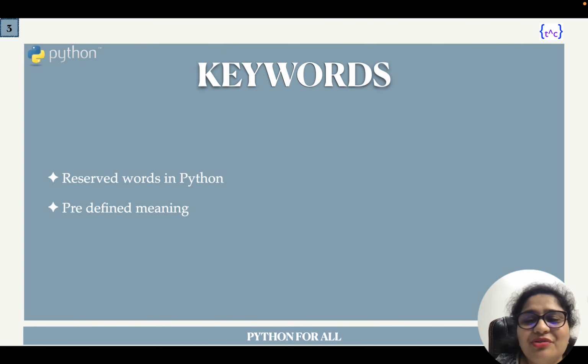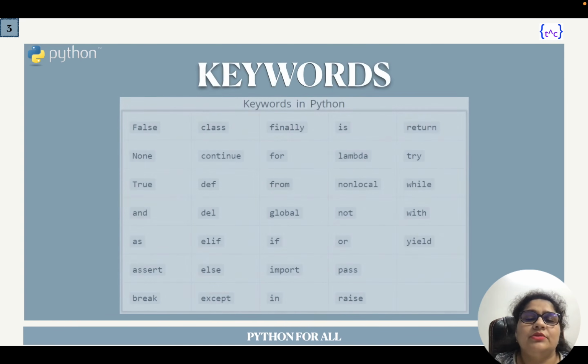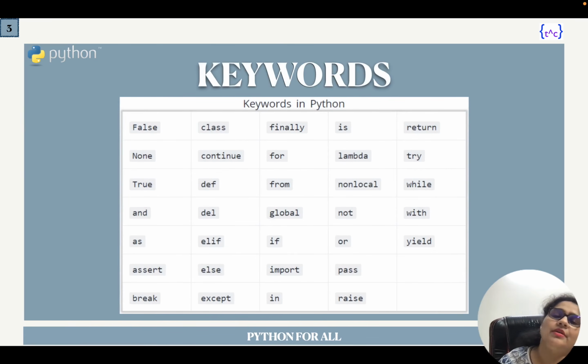So I'll now show you the list of keywords. Here is a list of keywords which are defined and reserved for Python. There are many. You need not just pick up a table and start remembering them. No need, because going forward in my subsequent sessions, I will be talking about all these words wherever their usage comes.